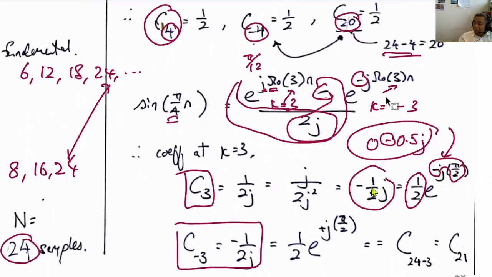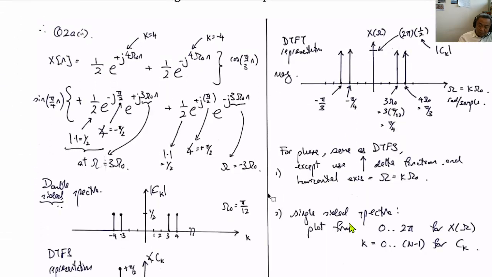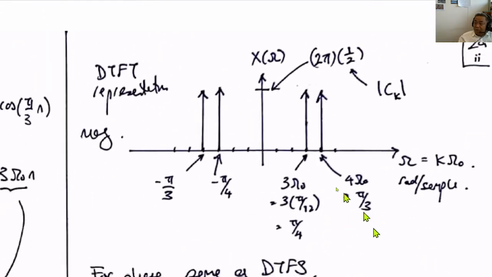So C3 is this expression, and C minus 3, later you can work it out, has the same magnitude, and the phase is the conjugate of C3. This is plus j pi over 2. Right, with that, now you can sketch the magnitude and the phase. So this is the magnitude of the sinusoid at k equals 3.